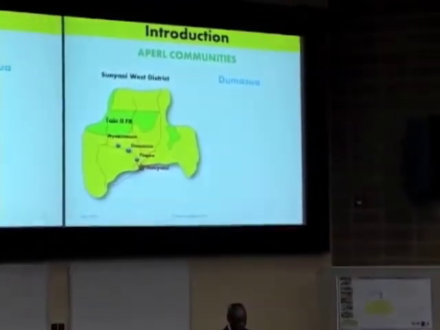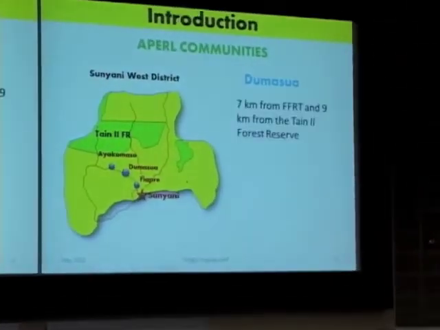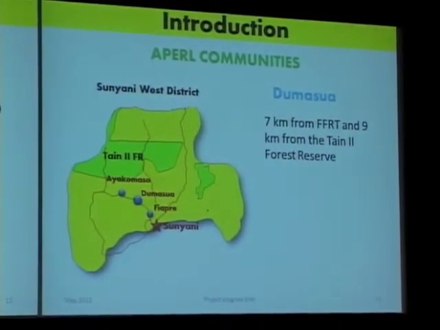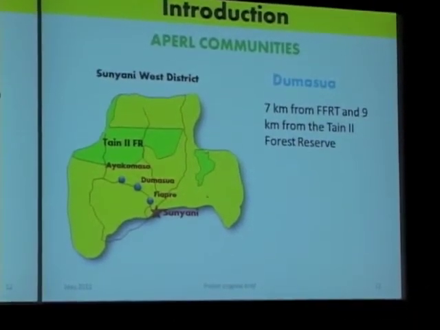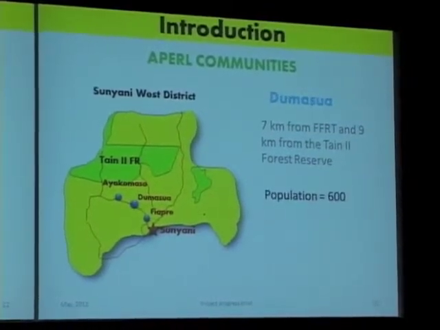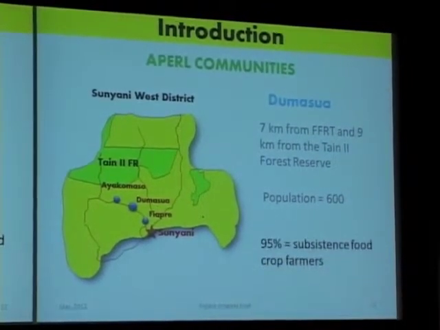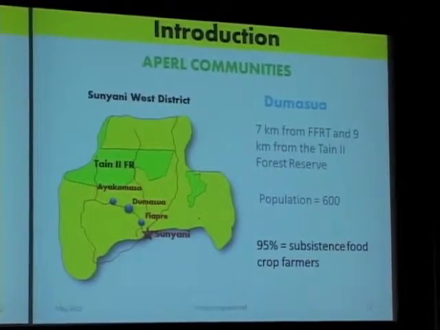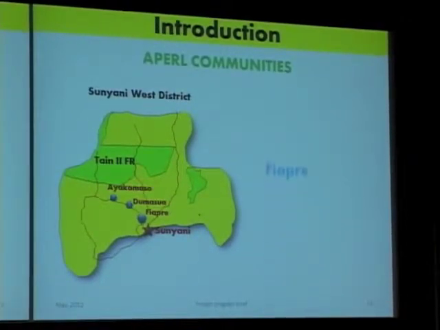Dumesua is the next community. It's also a few kilometers away from the faculty. The population is 600, and 95% of them are also subsistence farmers.